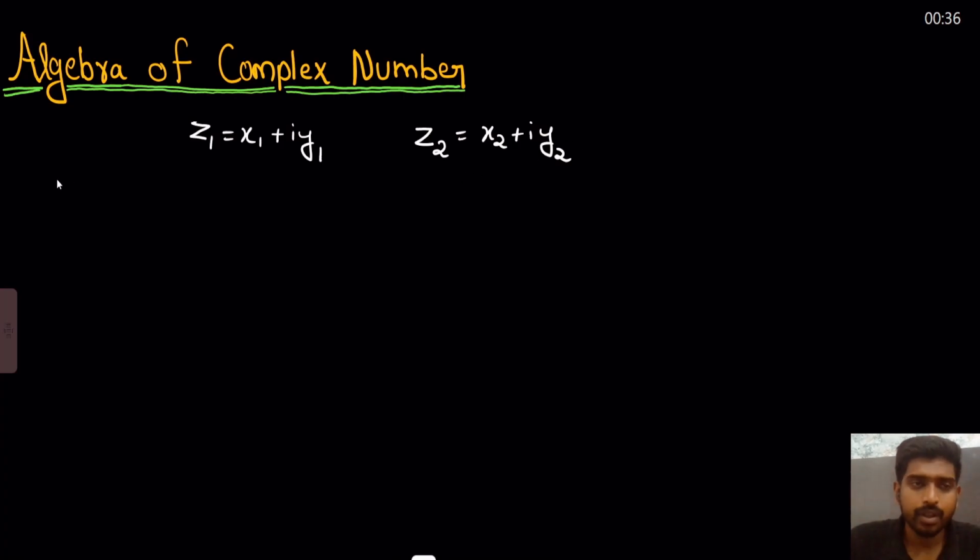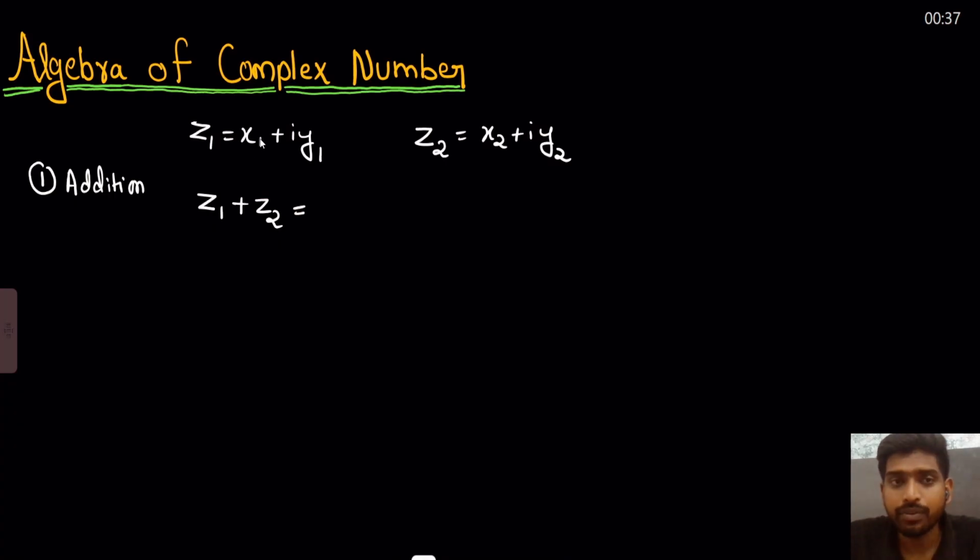Now, the first operation we will see is the addition operation. If we add both the complex numbers Z1 plus Z2, the result will be, when we are adding two complex numbers, their real parts will get added and their imaginary parts will get added.